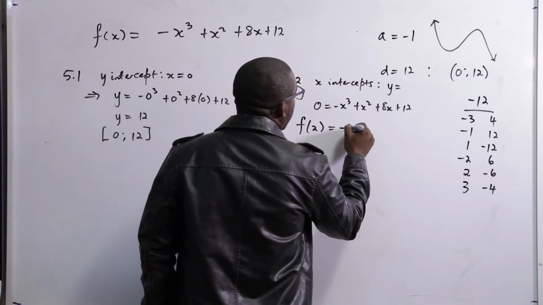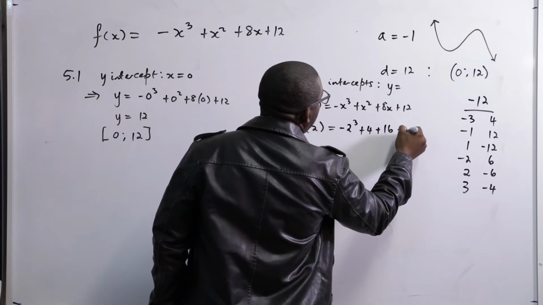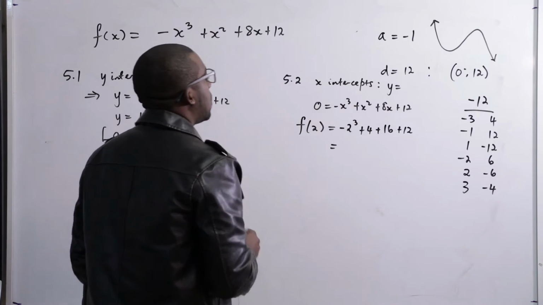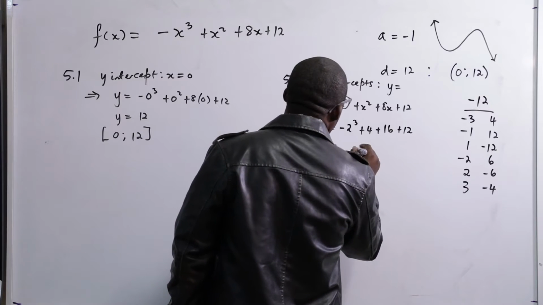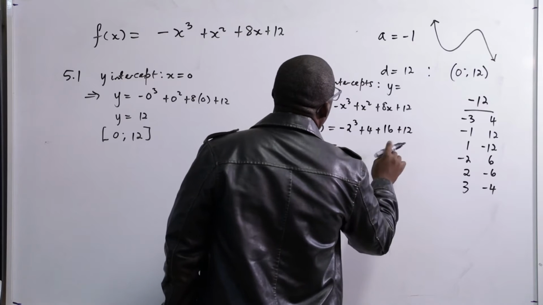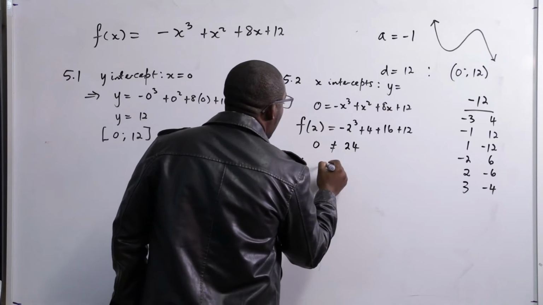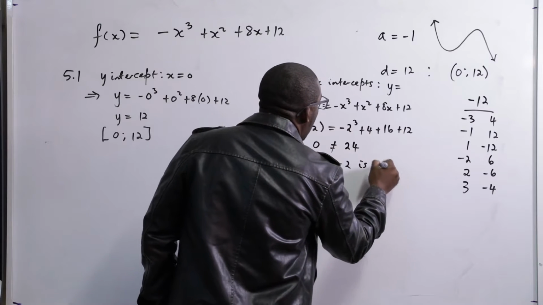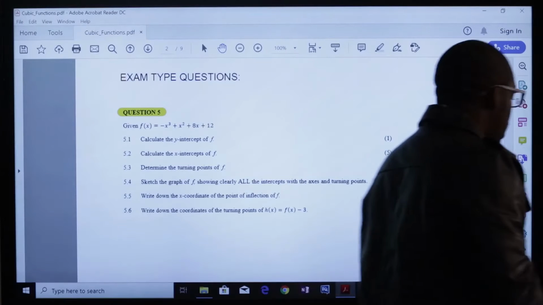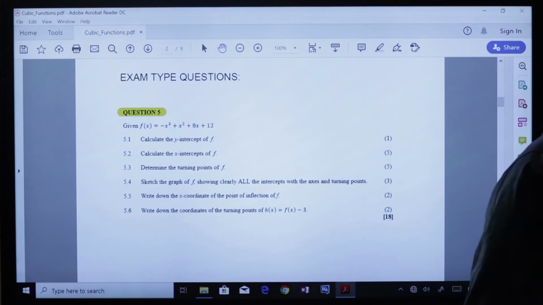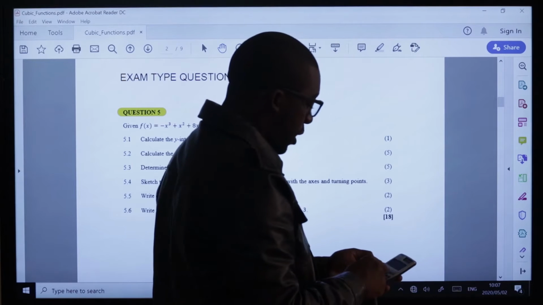This is going to be negative 2 cubed plus 4 plus 16 plus 12. This is not going to work out. We are going to get 24. This is not equal to 0. Therefore, x equal to 2 is not a factor. We are using the factor theorem there.